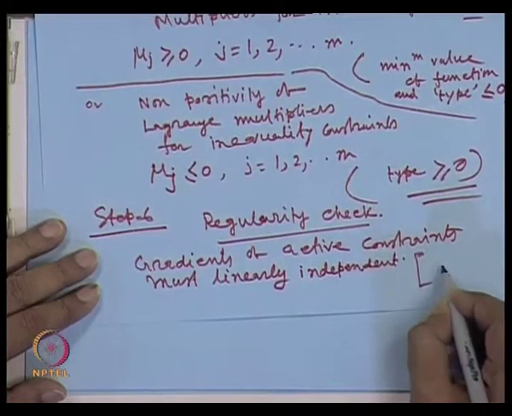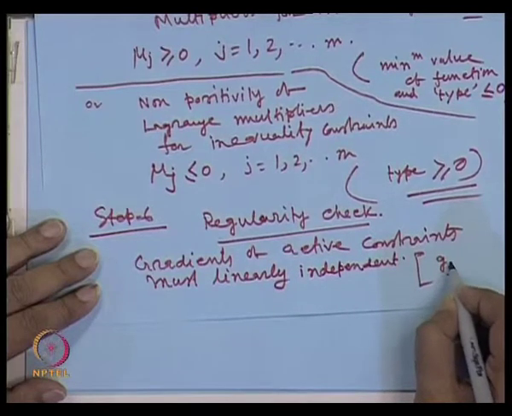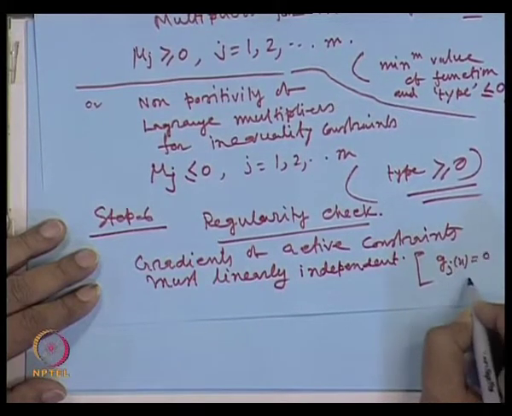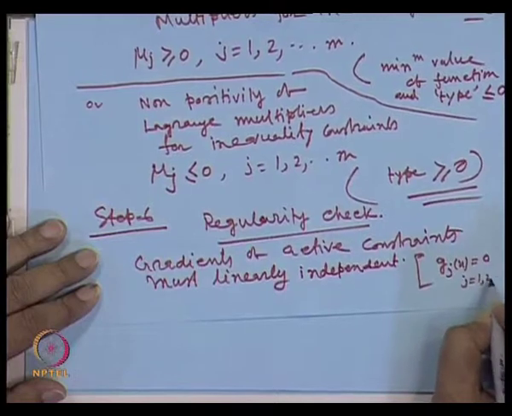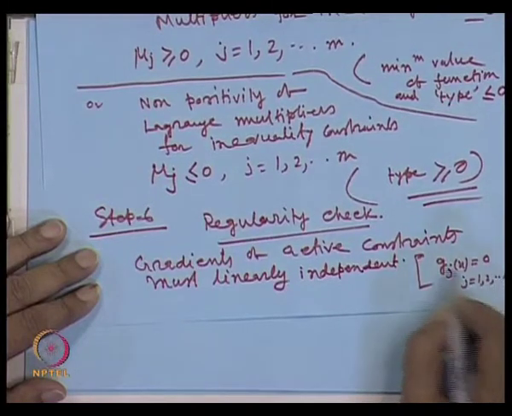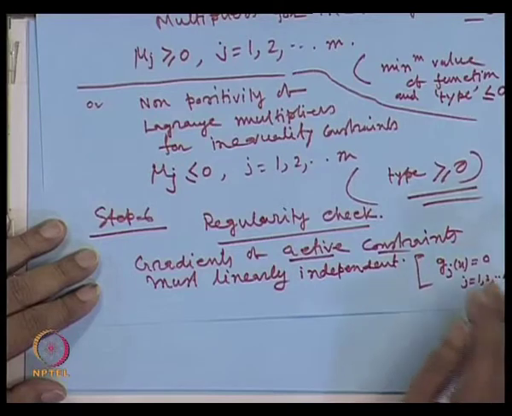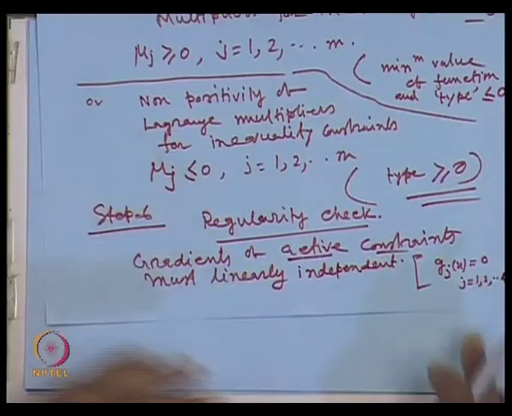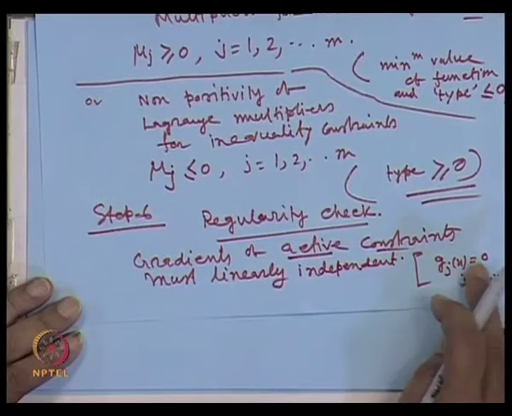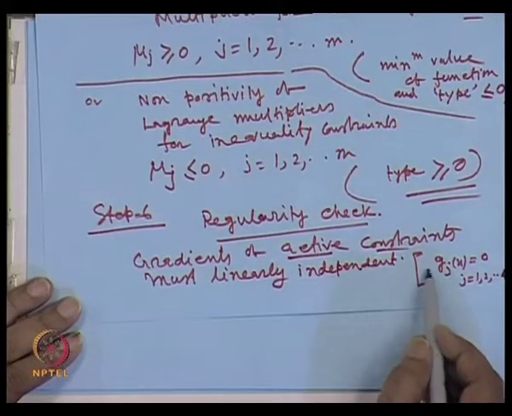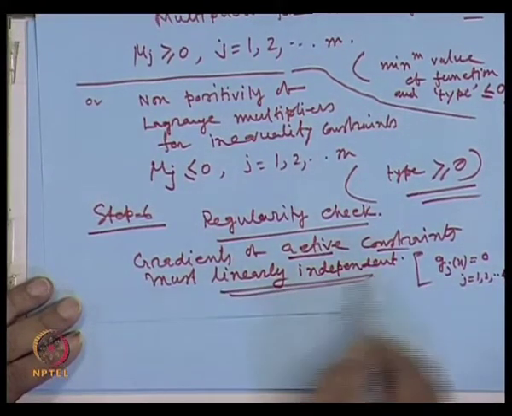This means, you will see, for which g j of x is equal to 0, j is equal to 1, 2, up to l, and these are the active constraints. It is a small l, not m. Out of m inequality constraints, l constraints are active. So that gradient must be linearly independent.